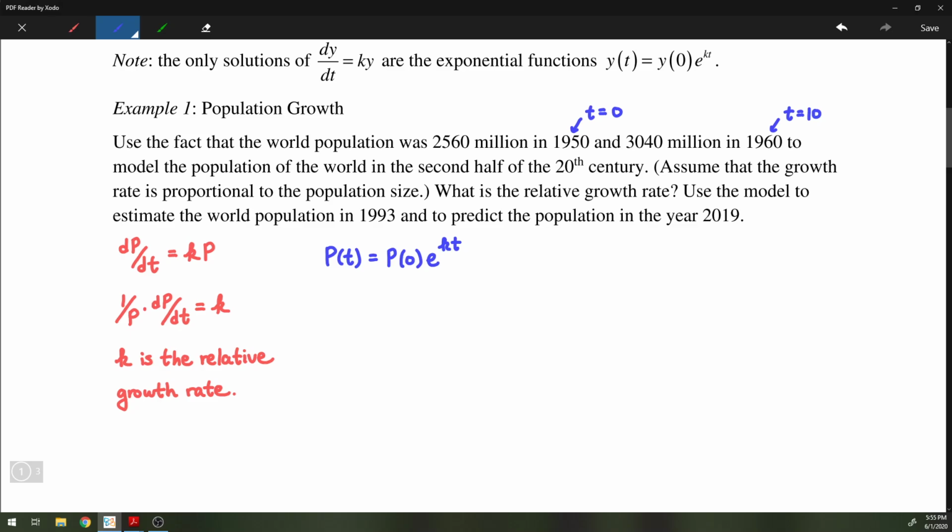Okay, so now that means we know that p of t in general is going to be equal to 2560 e to the kt power. Of course, then we can substitute in the 10, so p of 10 is equal to 2560 e to the 10k.